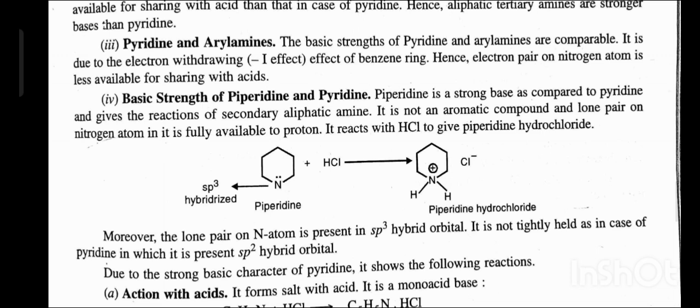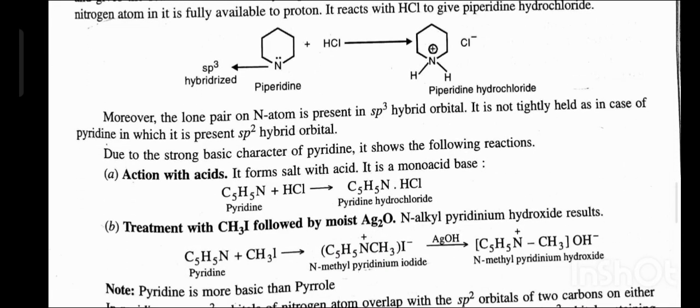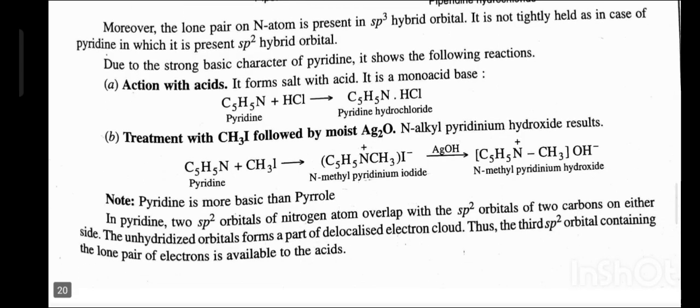Due to the strong basic character of pyridine, it shows the following reactions. First, action with acid. It forms salts with acids. It is a monoacidic base. Second, when treated with CH3I followed by moist Ag2O, an alkyl pyridinium hydroxide results. Note, pyridine is more basic than pyrrole.